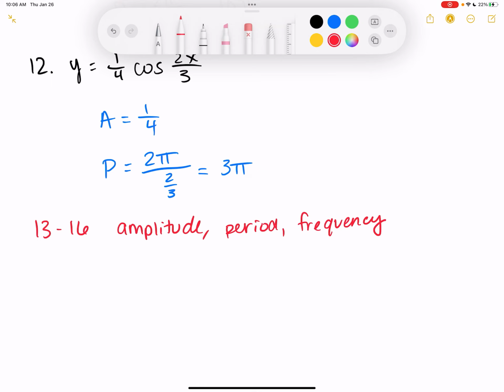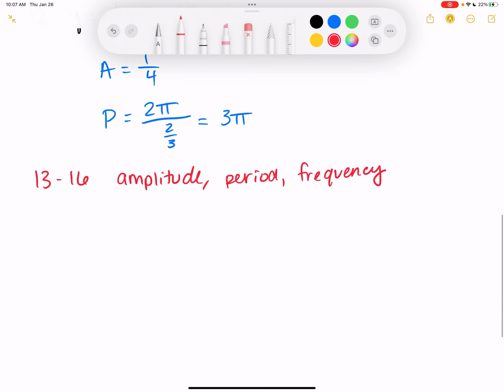Pretty much for any problem in this section, I'm going to tell you to find that stuff and then any shifts or if it's reflected. That's kind of how it'll be worded. This is one section where I will not word the instructions like the book. But you'll know if it says something about compare the graph, that's what I mean to do.